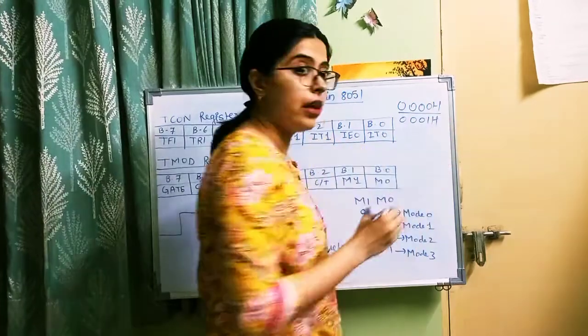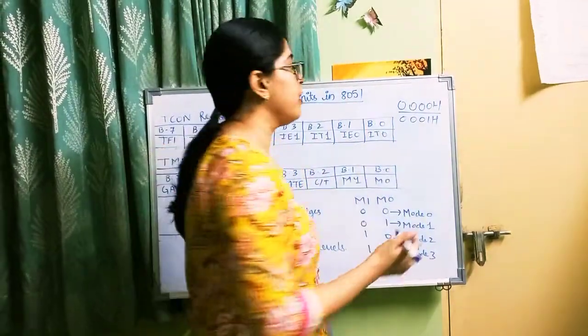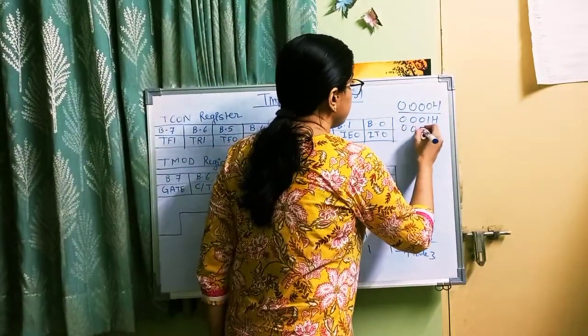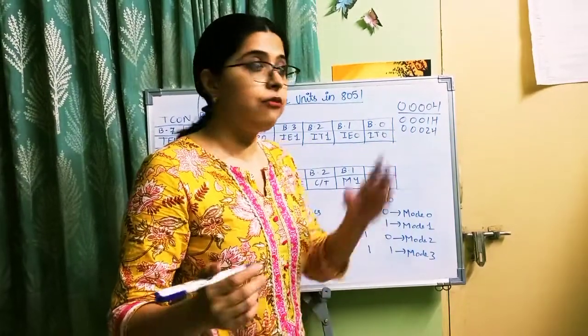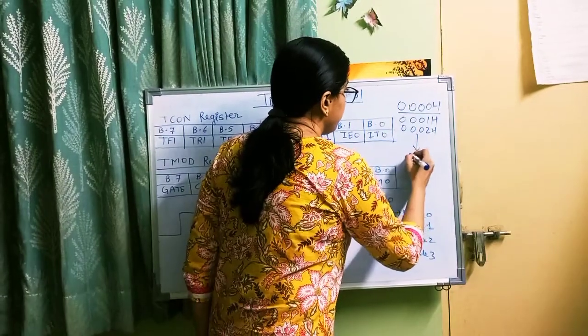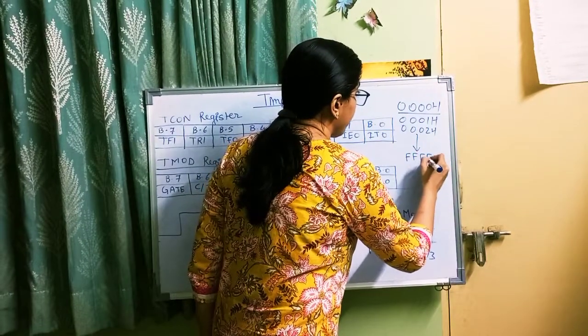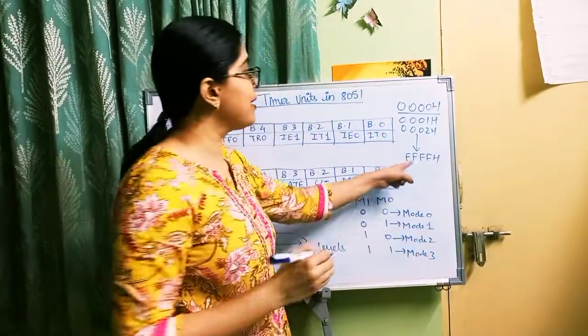0001H. Now again incremented by 1 it becomes 0002H. So it gets incremented by 1, and finally it reaches the value FFFFH. This is the last limit.